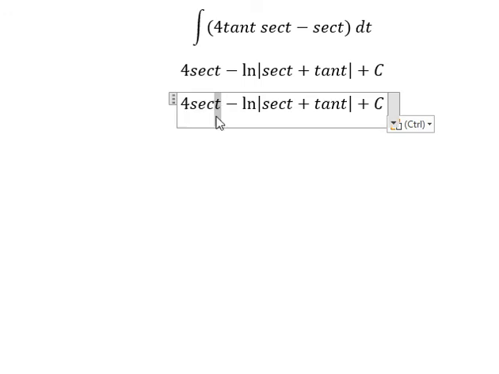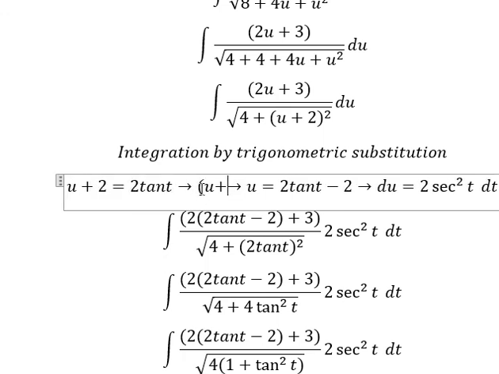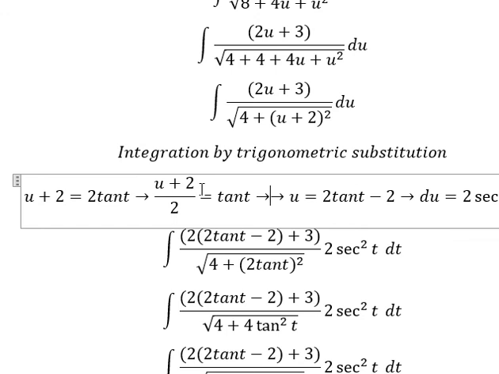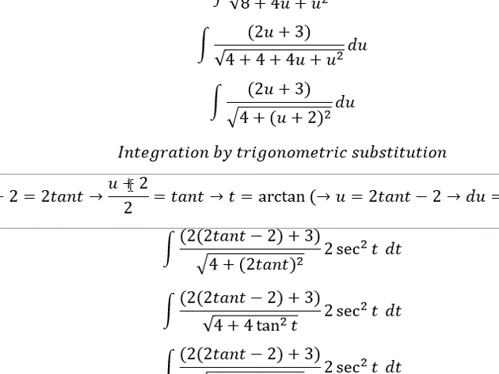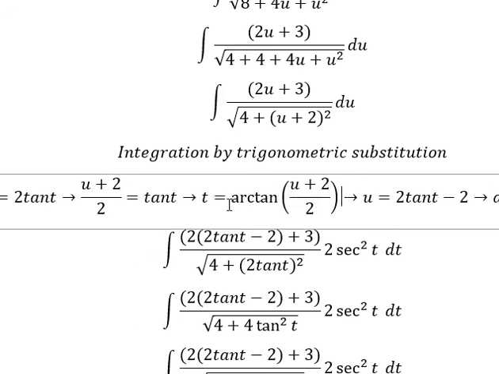About t, that is this one. So we divide both sides by number 2. And then we got t equals arctan of this one. So I will put this one to change for t.